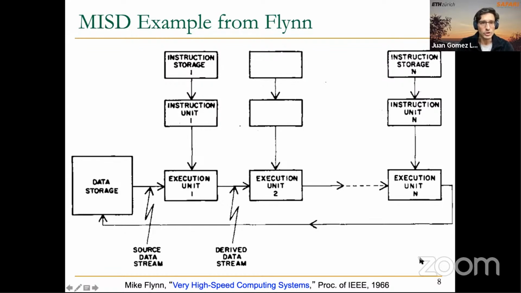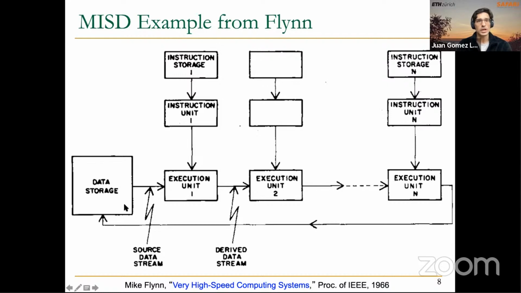Here, you can identify the data storage where all data is stored, and we start feeding the execution units. As you can see, a sequence of execution units, or kind of a pipeline of execution units, are receiving instructions from some instruction storage, maybe kind of an instruction cache or an instruction memory.